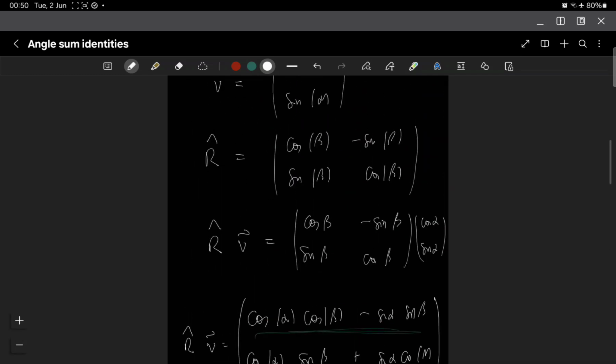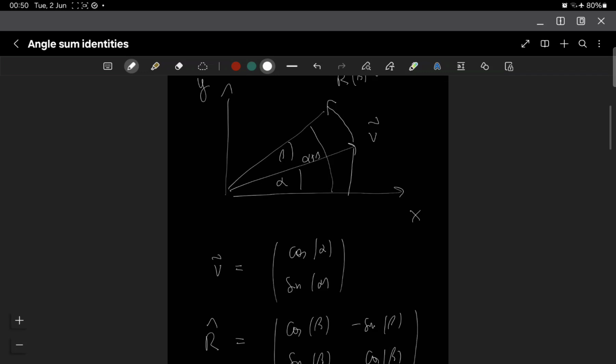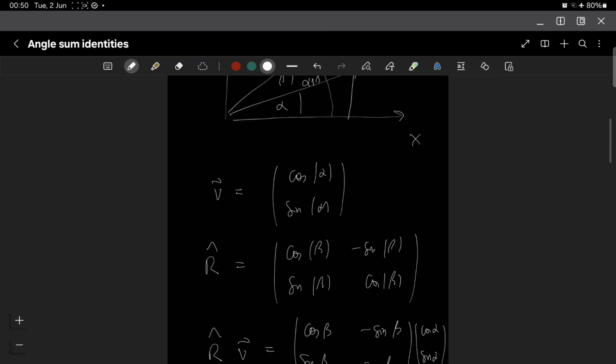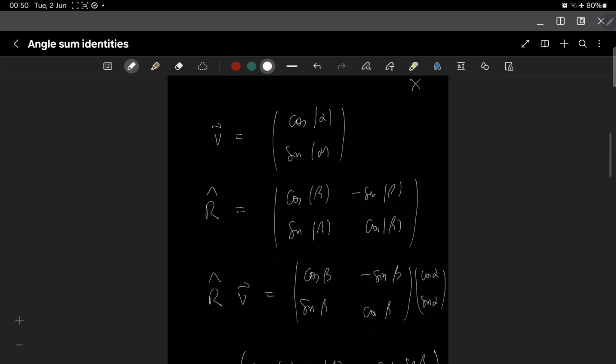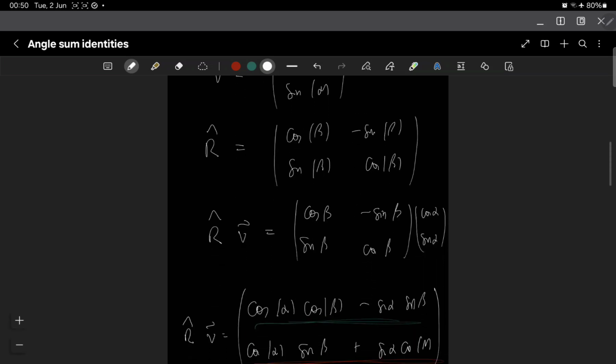Just to recap, we need to remember the following. Basically, most of the stuff can be derived from first principles. You already know that when you have a unit vector v at an angle alpha, its coordinates are just cosine alpha and sine alpha, right? Because of the trigonometric definition of cosine and sine. The only other thing you need to remember is the rotation matrix.